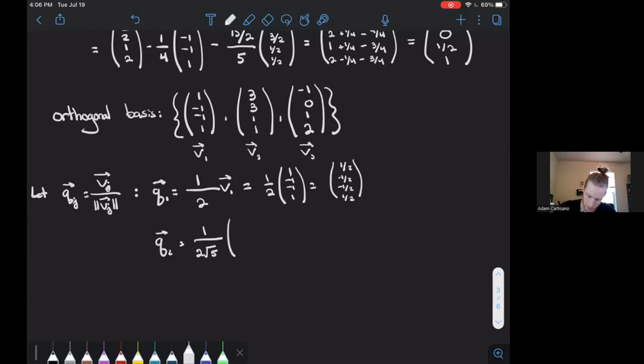Times 3, 3, 1, 1. Which is 3 over 2 root 5, 3 over 2 root 5, 1 over 2 root 5, and 1 over 2 root 5. Oh, wonderful vector.